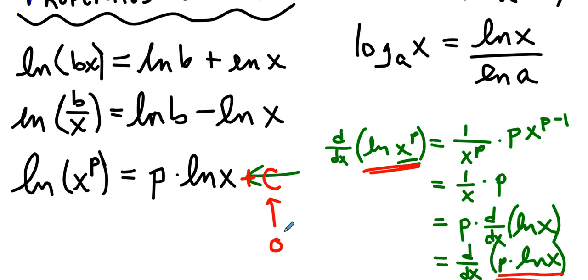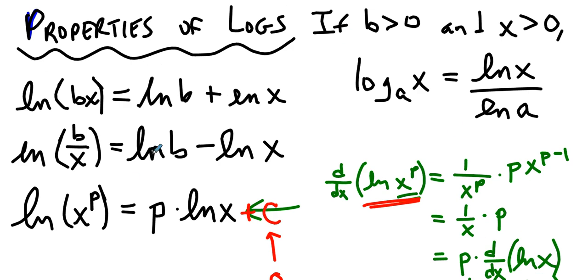That will do the trick. If we substitute 1 for x, we see that both sides are 0, and so the constant is 0. So all of these properties of logs that are familiar to you from high school can be proven using the definition of log that we just laid out.